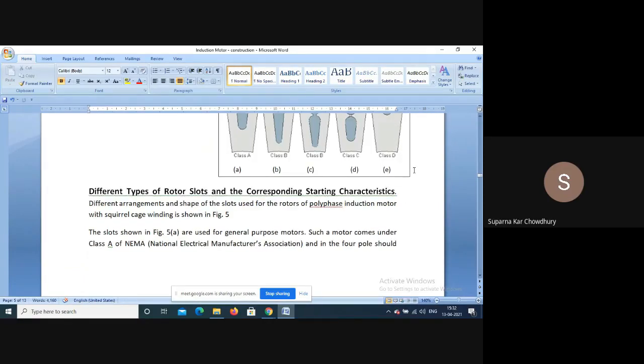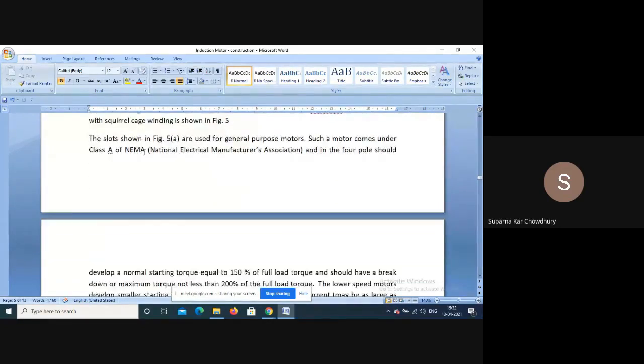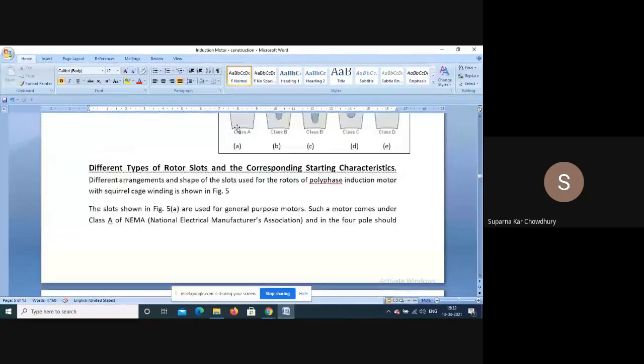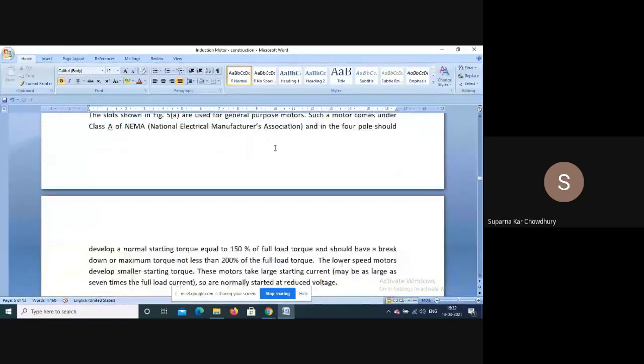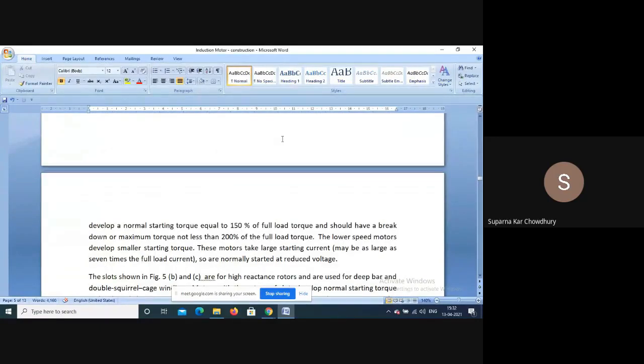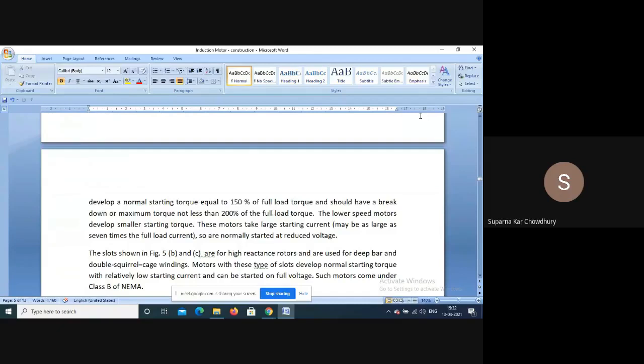Now the characteristic will be different for each class. NEMA class A is shown in this figure. For a 4-pole machine it develops a normal starting torque equal to 150% of the full load torque, and should have a maximum torque not less than 200% of the full load torque.